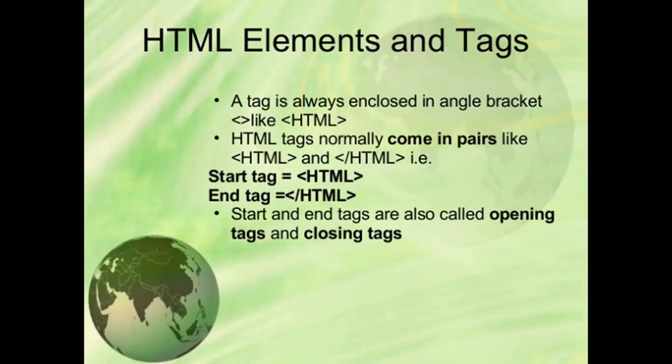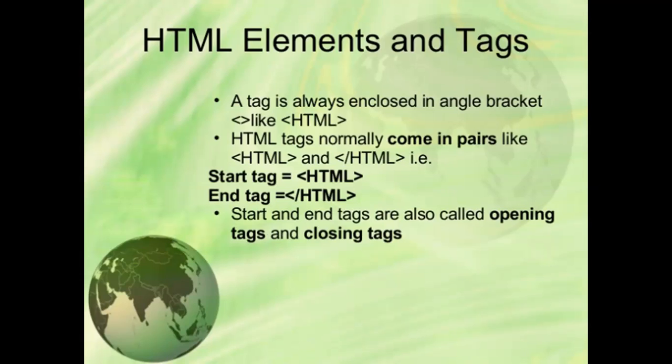Here you can see an example written: tag HTML. This means that this is not just a word, it is actually a tag. Whenever a tag is used, you can easily identify it because it will be enclosed in angular brackets.